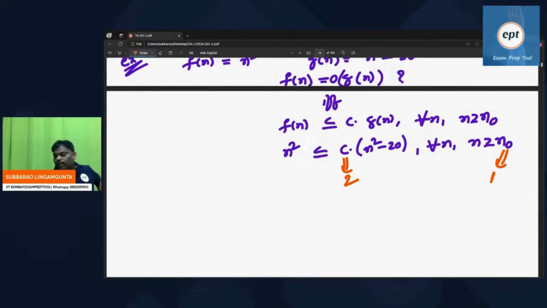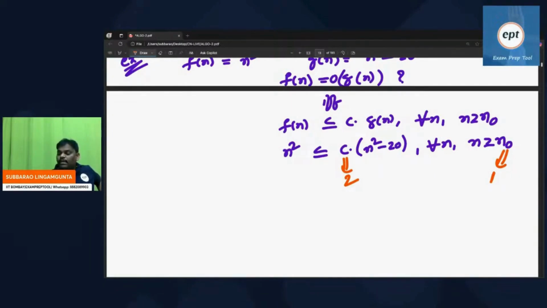If I take n value 1, negative coming. n value 2, also negative coming. 3, 3 square is 9, 9 minus 20, also negative. I don't want to see negative. 4, also negative. 5, 5 square is 25, 25 minus 20, positive coming.